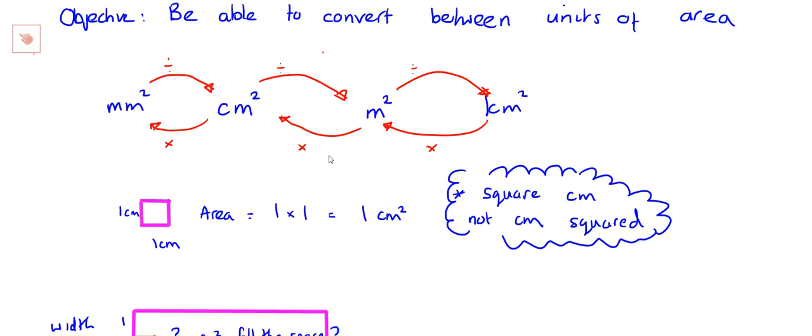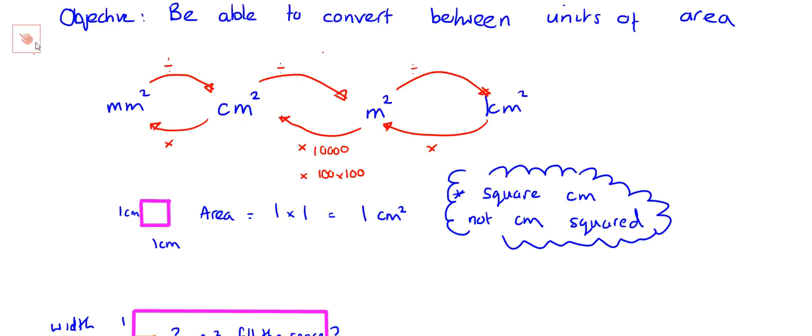Not 100, is it? 10,000. Because you're getting more centimeters. Now it might help you to think, instead of thinking of it as 10,000, you actually think of it as 100 lots of 100.